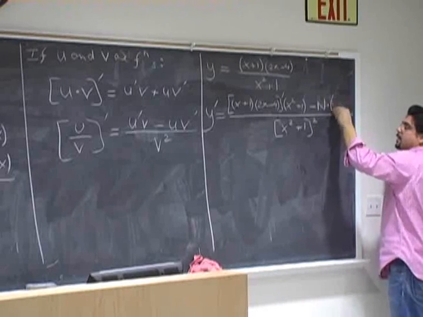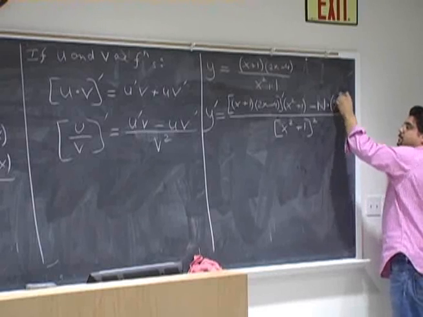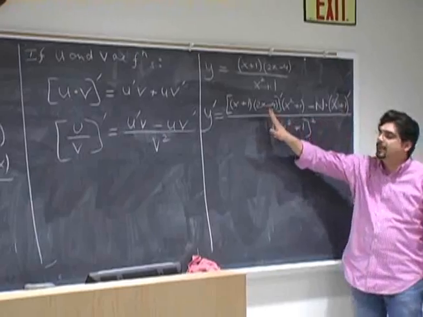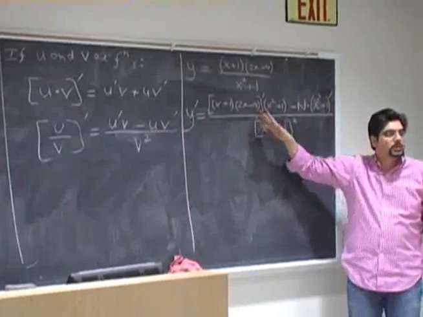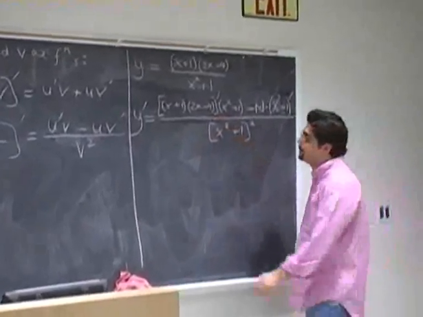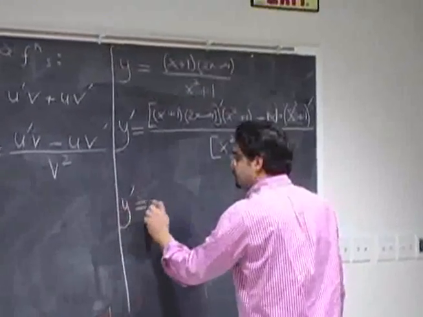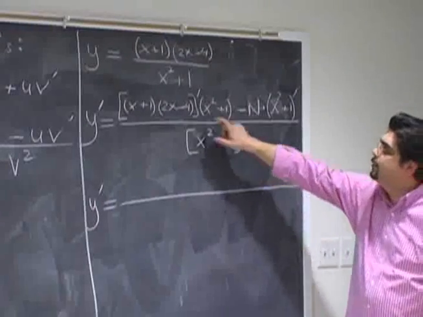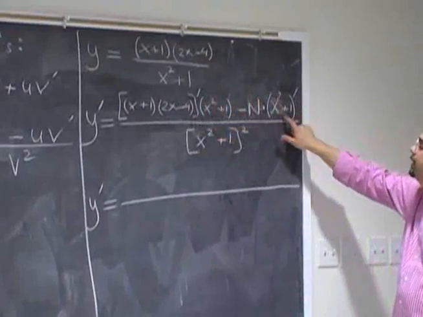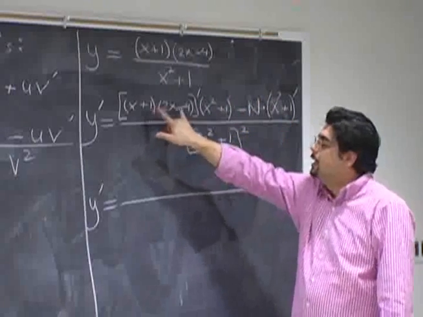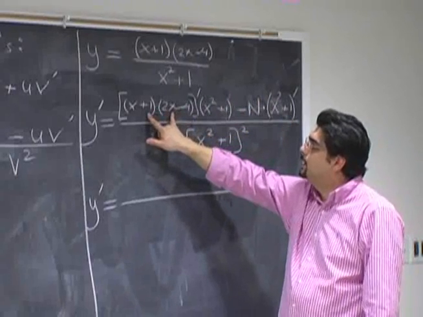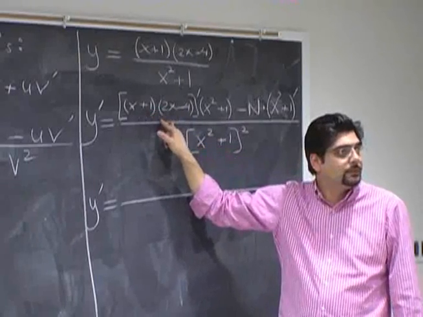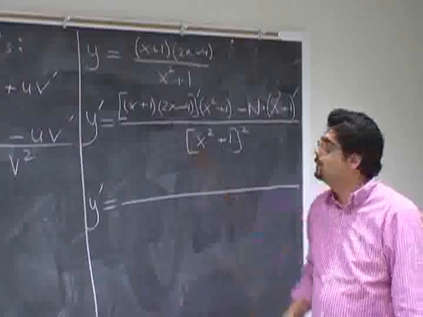So that would be x squared plus 1 prime. Right, this is just writing the rule, putting primes where derivatives should be. So now in computing this, we have to do the prime here and the prime here. The derivative of this bracket quantity requires us to use the product rule, right? Does that make sense? Okay.